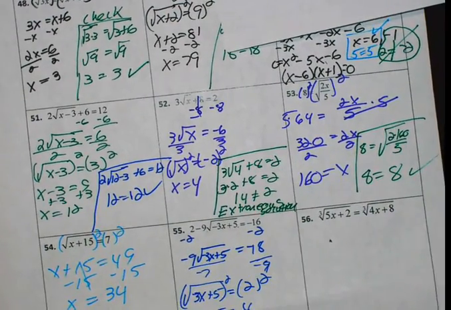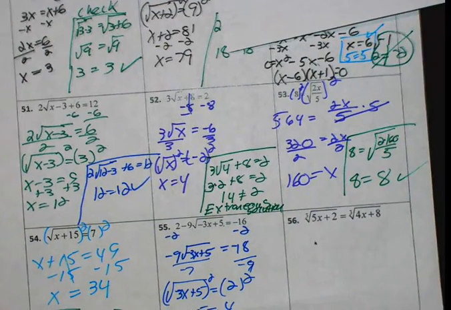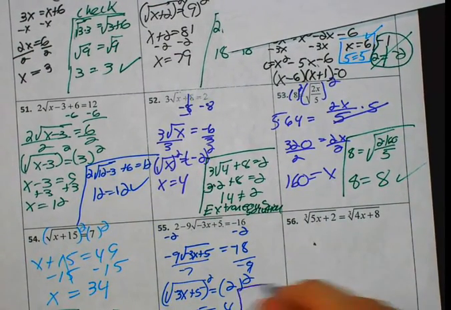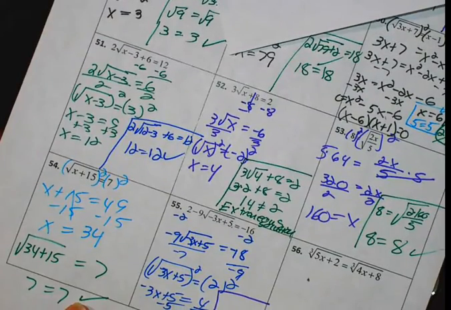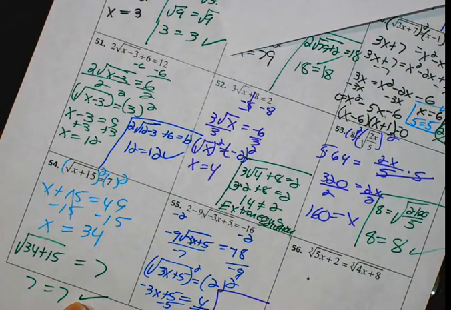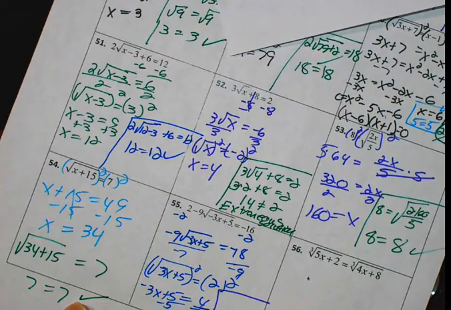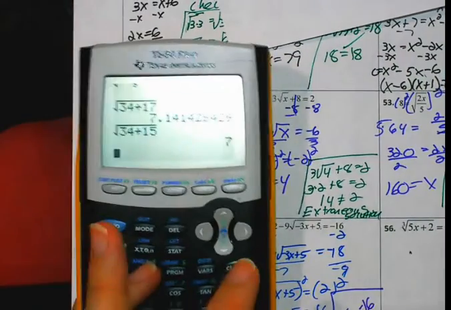I'm going to check. So I'll kind of write this on the side. 2 minus 9 square root of negative 3 times 1/3 plus 5, and we want all of that to equal negative 16. So I'm going to put that in the calculator.